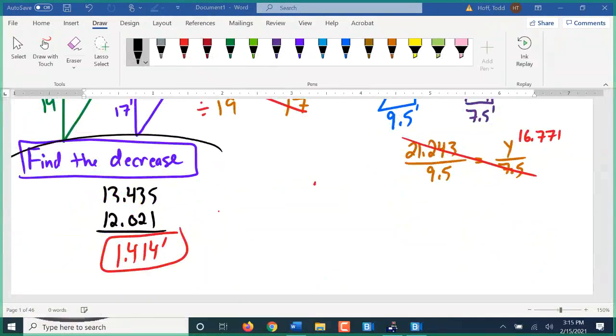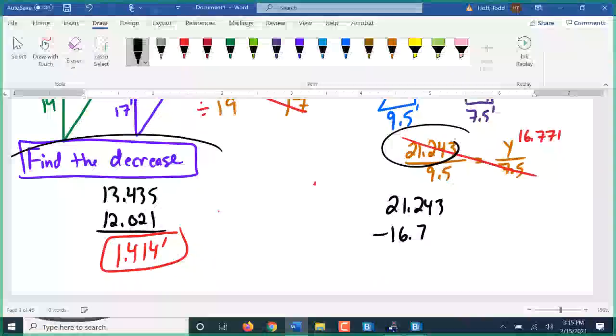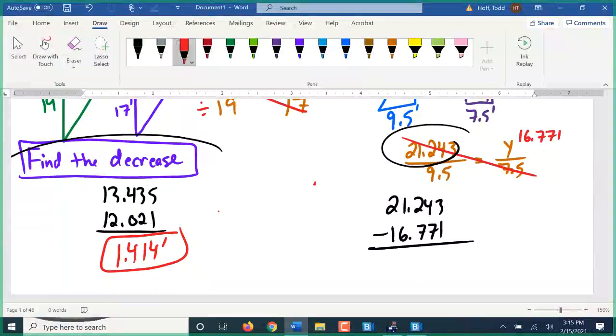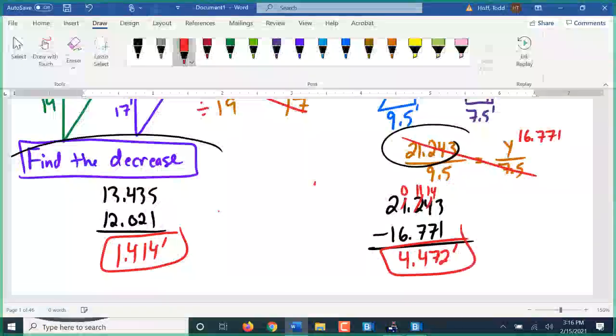The decrease is going to be 21.43 minus the 16.771. So 4.472 feet.